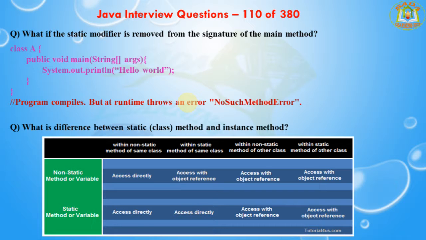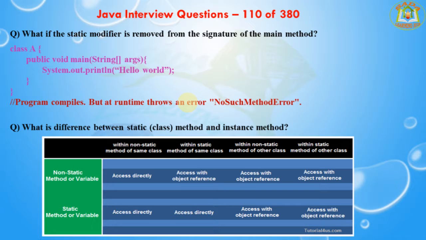An object is not required to call the static methods, but an object is required to call the instance methods. Non-static members cannot be accessed in the static context directly.